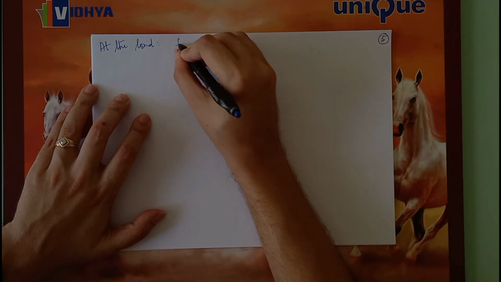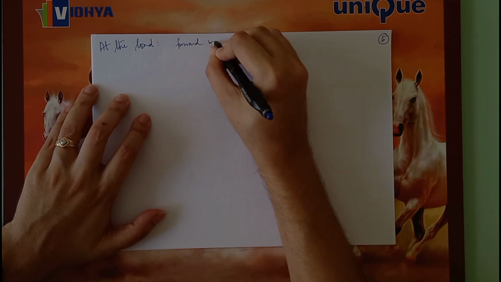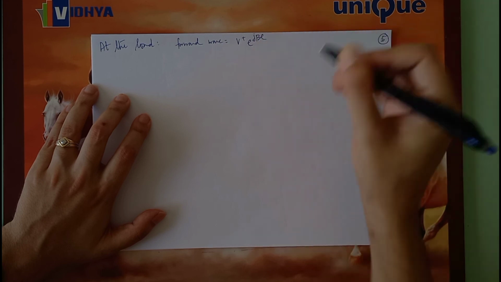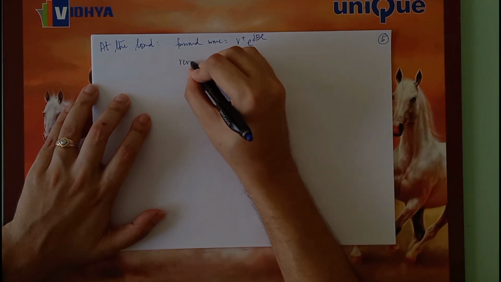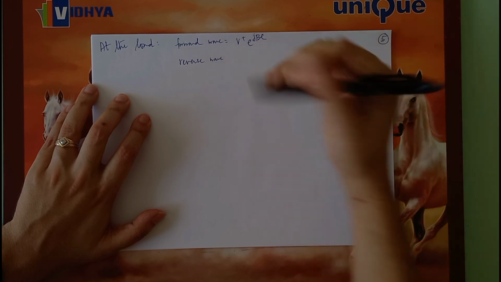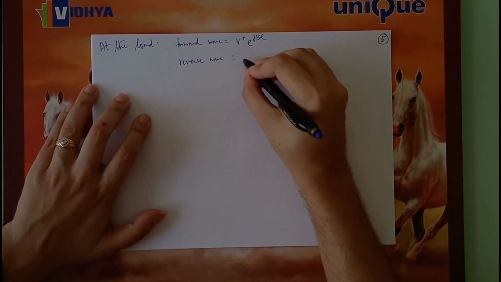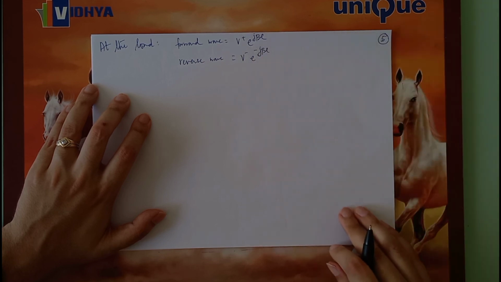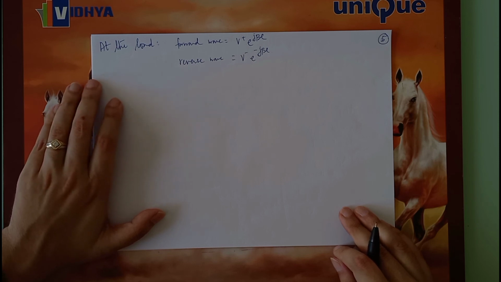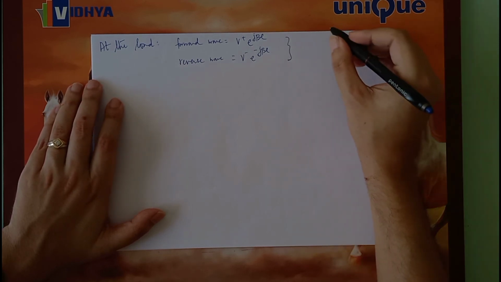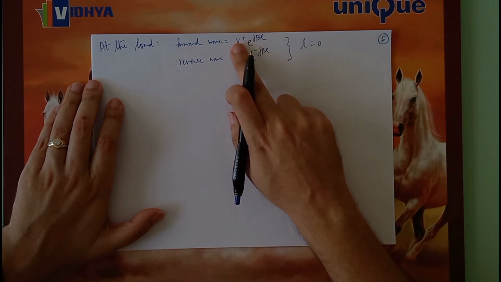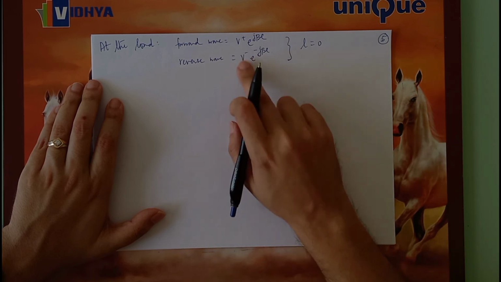Let's call them the forward wave, which looks like this, V plus e raised to j beta L, and the reverse wave, which flows from right to left, that is V minus times e raised to minus j beta L. So over here, if we put L equal to 0, the forward wave will become V plus and the reverse wave will become V minus.